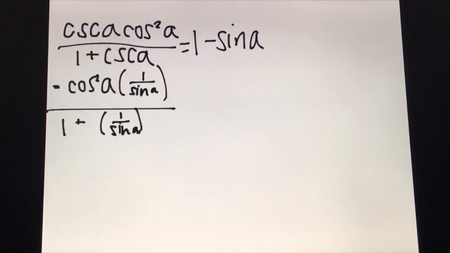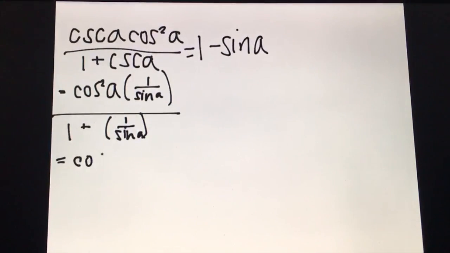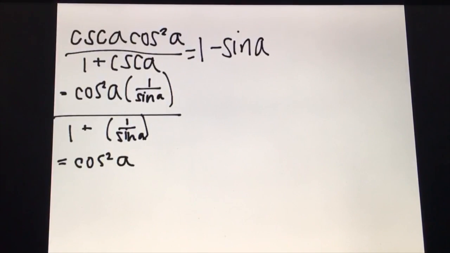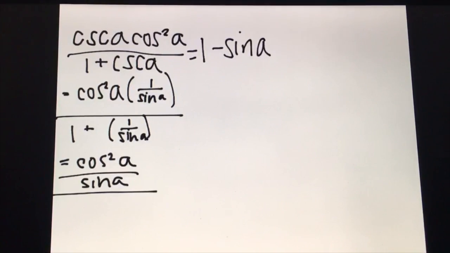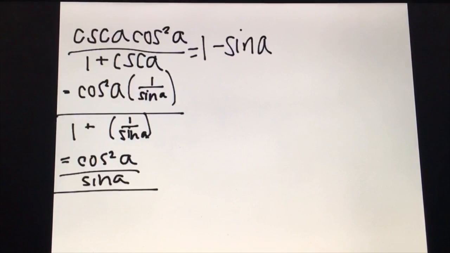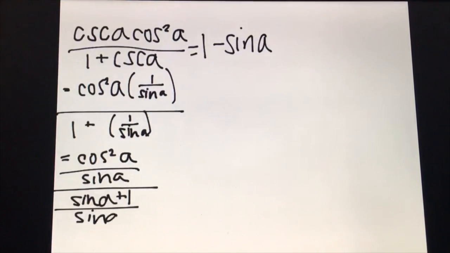So now we're going to do the same thing that we did on the last couple problems. We're going to get a common denominator. So we're going to have cosine squared a divided by sine of a, and that whole thing is divided by (sine of a plus 1) over sine of a.